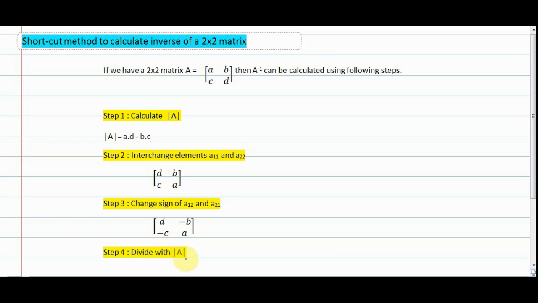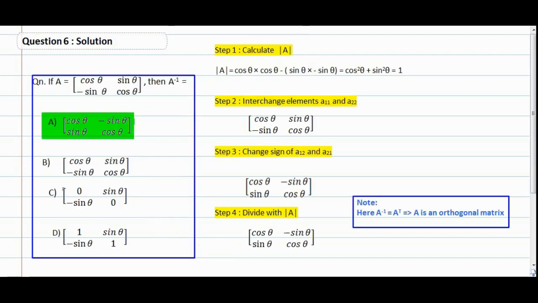Now let's try to solve question number 6 based on this shortcut method. So this is our question. We have a matrix and we are asked to calculate its inverse. The first step is to calculate the determinant of A. When you calculate it, we will get cos theta into cos theta minus sin theta into minus sin theta.